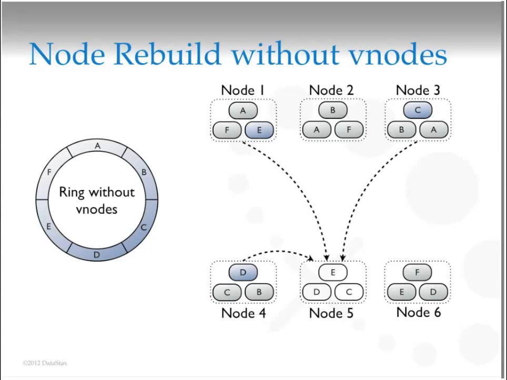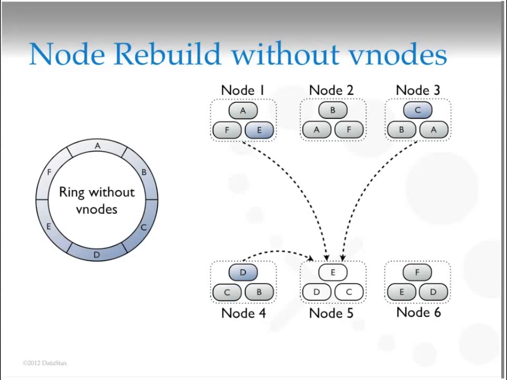So in the scenario where you have one token per machine in Cassandra 1.1 and earlier, you can rebuild that dead machine from its peers in the cluster that it is replicated to.